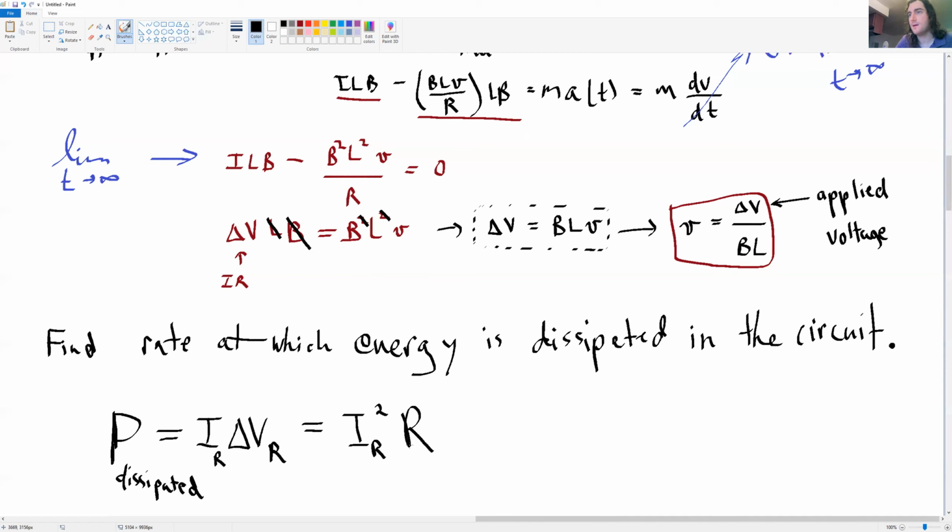Let me clarify a few things here. They want us to take the current in the resistor to be equal to the current that is supplied. So in other words, the power dissipated by the resistor at t equals 0 is kind of the idea here.